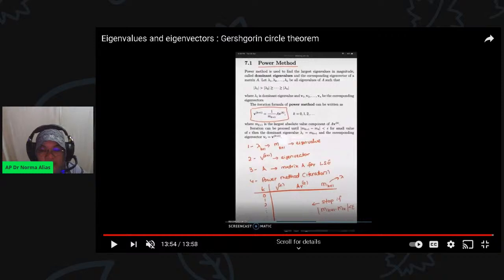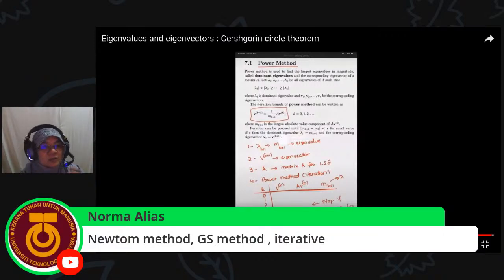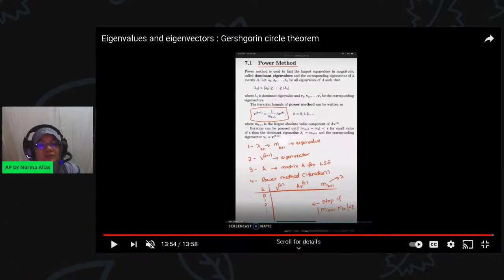So this method will be applied to find the maximum m. M is an eigenvalue. We are going to use this concept in chapter 2 or chapter 3, in an iterative manner, to find the m. Let's complete the table.